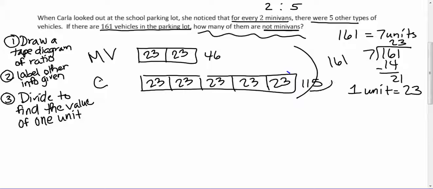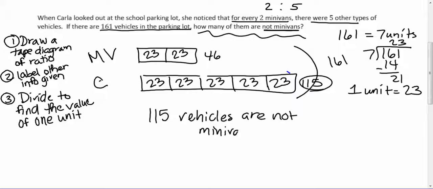So we would say that 115 vehicles are not minivans. All right. Okay, so sorry about that. I keep getting visitors. So 115 vehicles are not minivans.